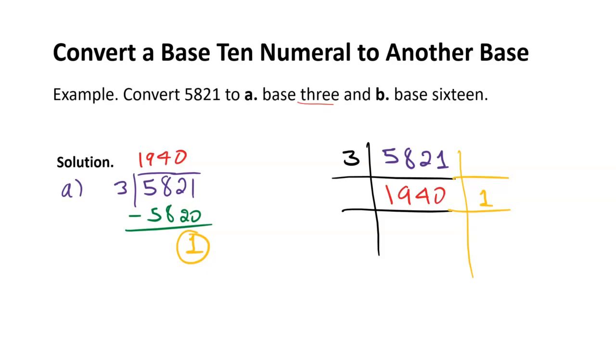This is kind of like a shortcut. There are actually different ways of doing this. Perhaps the more intuitive way would be to write down all of the powers of 3: 3 to the power 0, 3 to the power 1, 3 squared, 3 to the power 3.